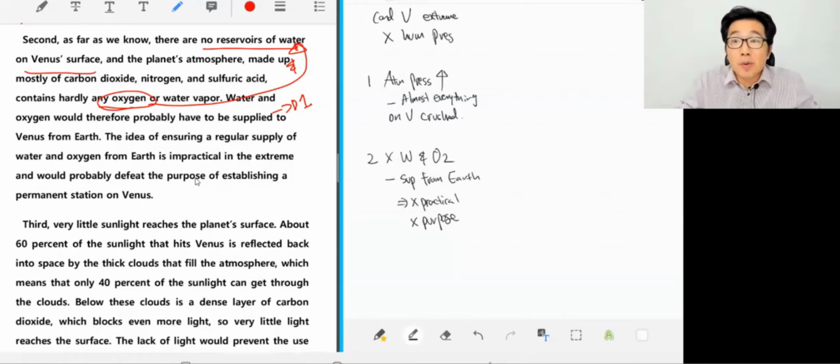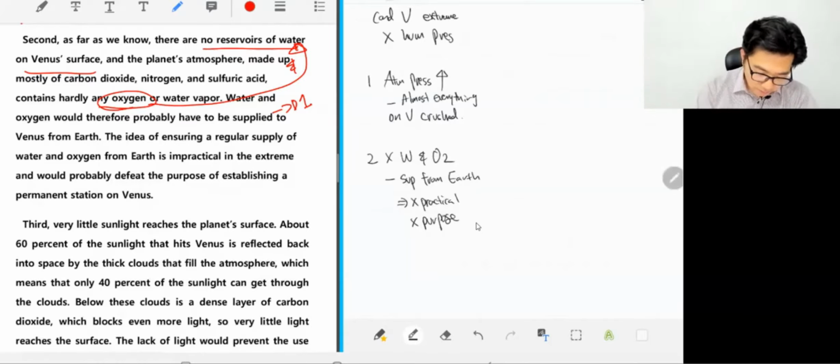What's the point of trying to make a permanent presence of human beings where there is no oxygen and water? Cool. So no water and oxygen, must be supplied from Earth, so it's not practical and defeats the purpose of trying to create human presence on Venus. Okay, so far so good.